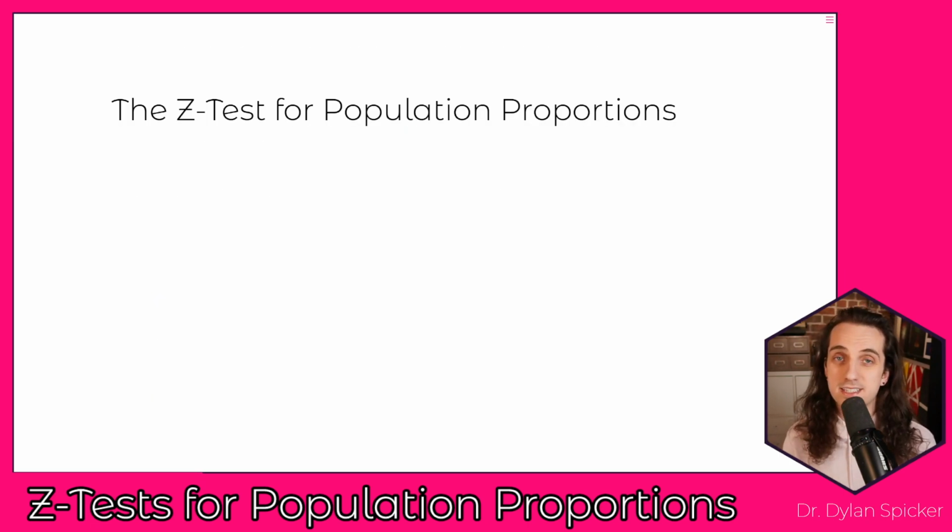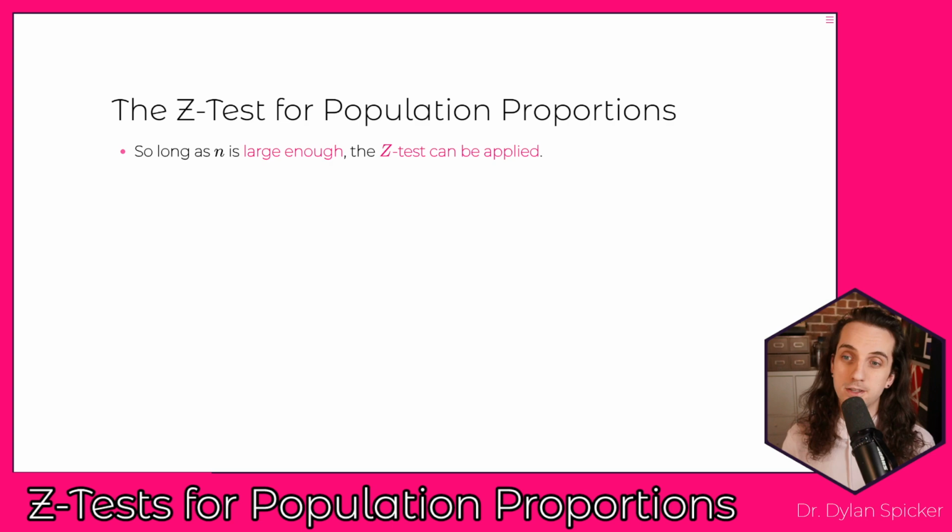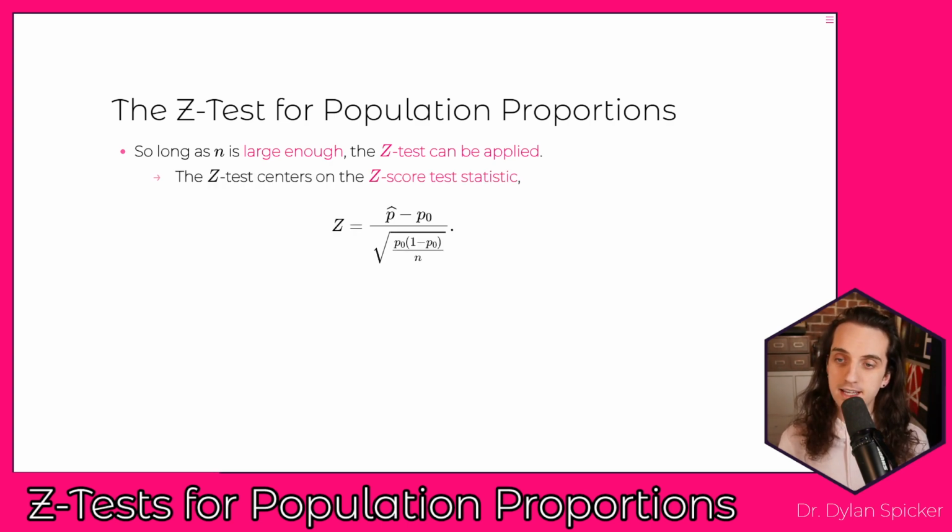So how does the z-test actually work when we're dealing with population proportions? First, we need to see that n is large enough so that we can actually apply the z-test. Then from there, we work on our z-score test statistic. The z-score takes the sample proportion, subtracts off the proportion under the null, and then divides by the standard deviation.